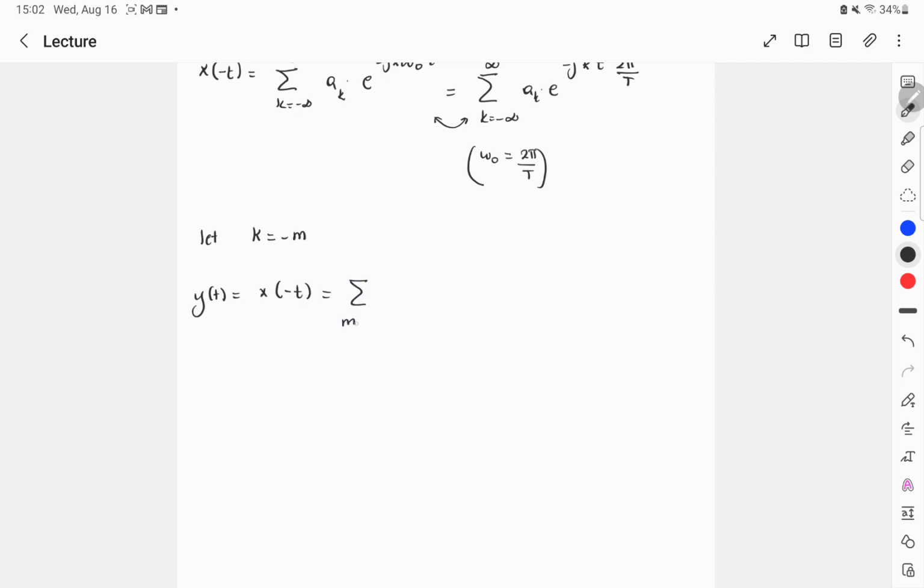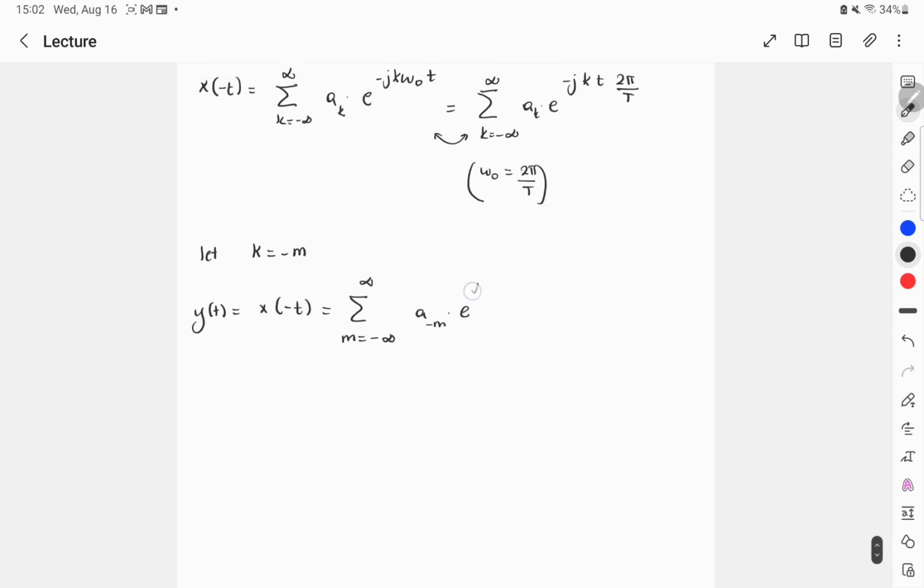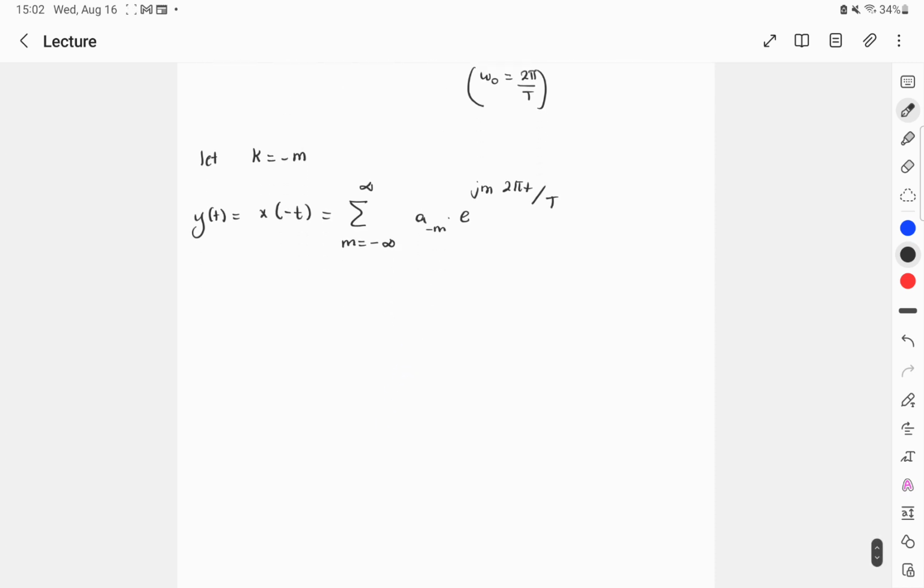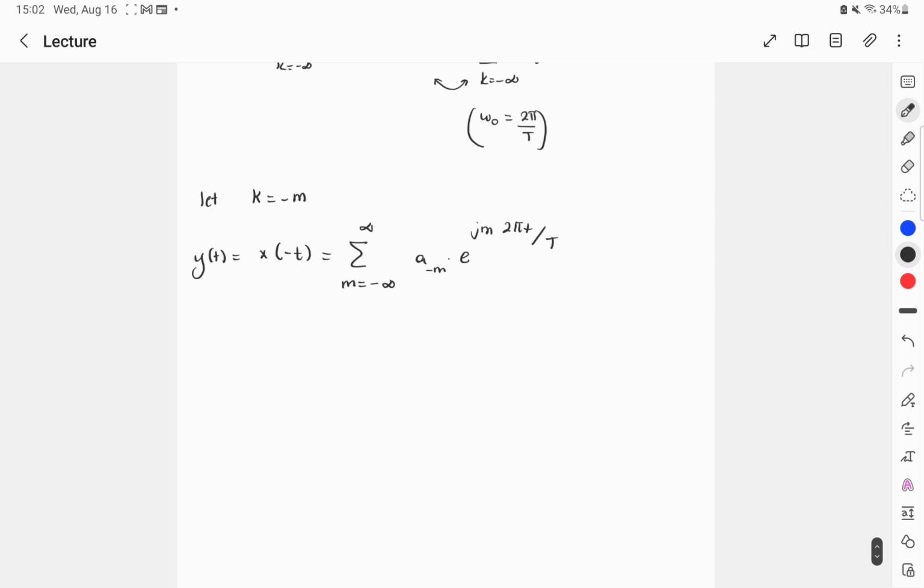And we have the sum over m from minus infinity to infinity, a of minus m, e to the power of j m 2 pi t over capital T. So it is seen that the signal is completely the same.